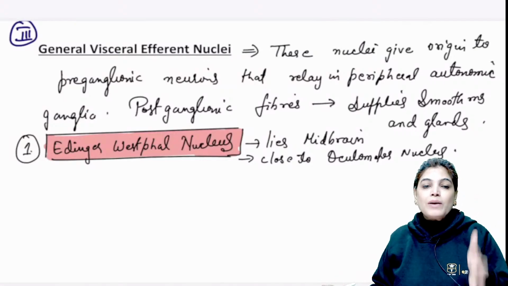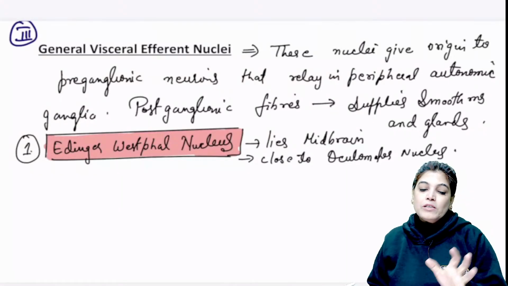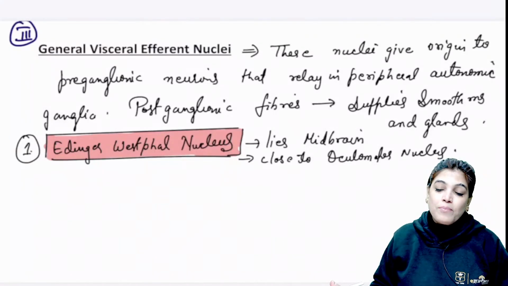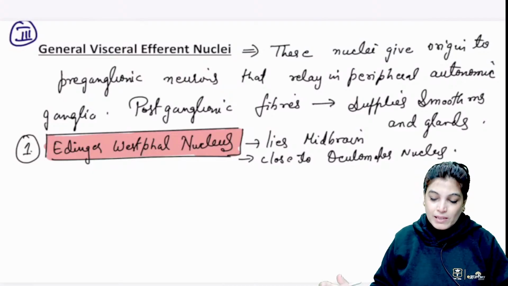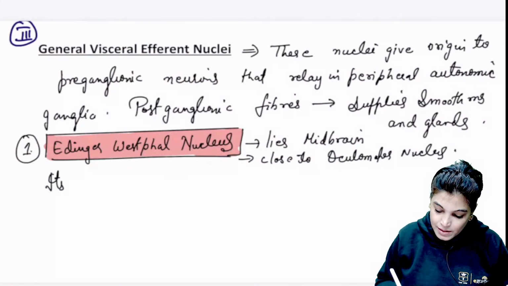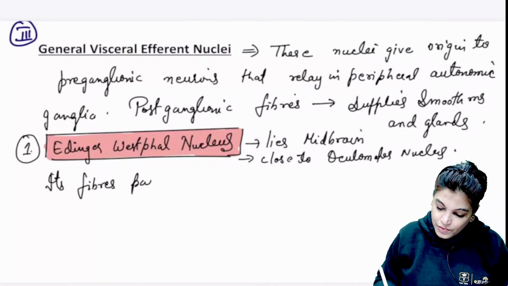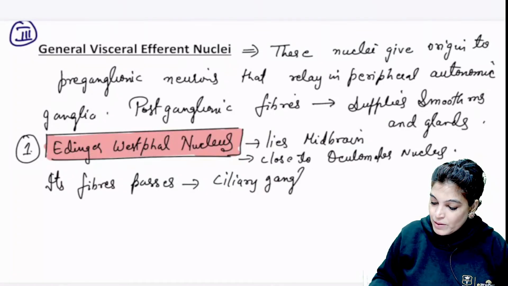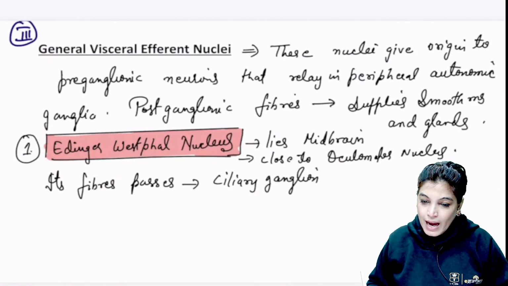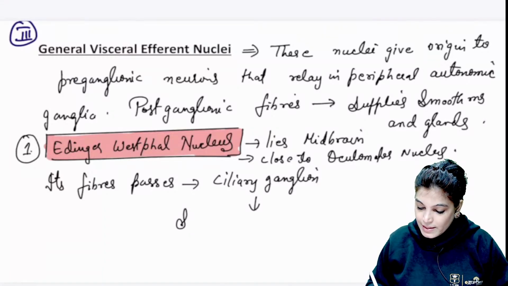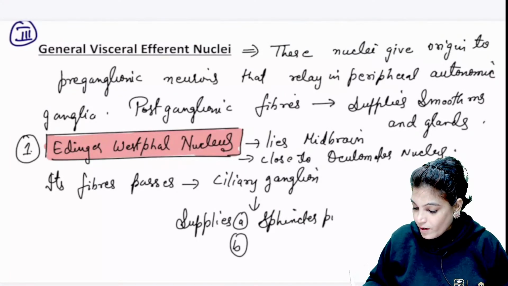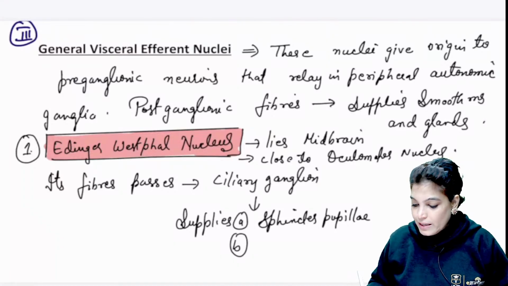Its fibers pass through the ciliary ganglion, which is an important parasympathetic ganglion of the head and neck region, and from there the postganglionic fibers supply two muscles: the sphincter pupillae muscle and the ciliary muscle.